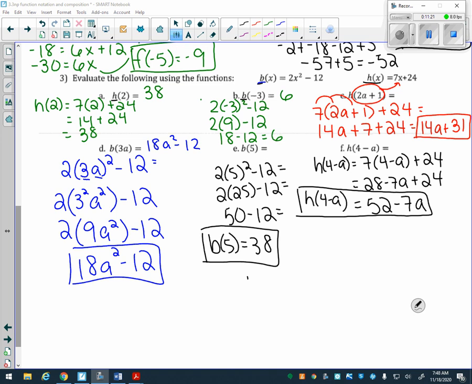And for E, b of 5, input 5 into the x of the b function, and you end up with 38. And then for F, you have h of 4 minus a. You're inputting that whole expression in for the h function, so you end up with 52 minus 7a.